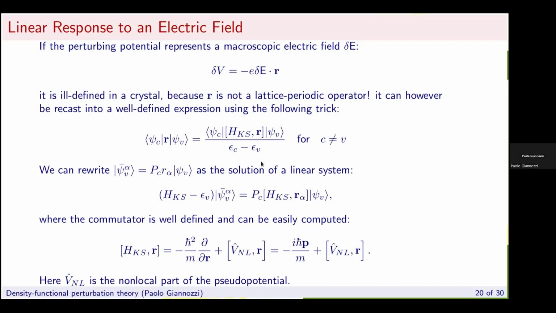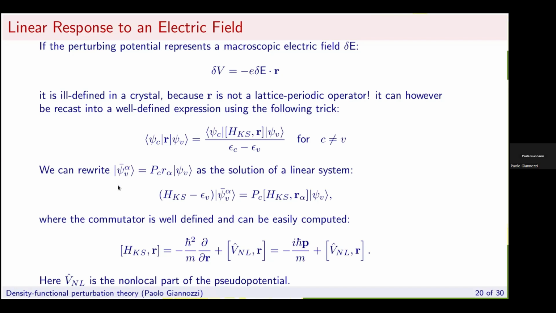So once we have this term, the third equation here, we can solve the linear system.